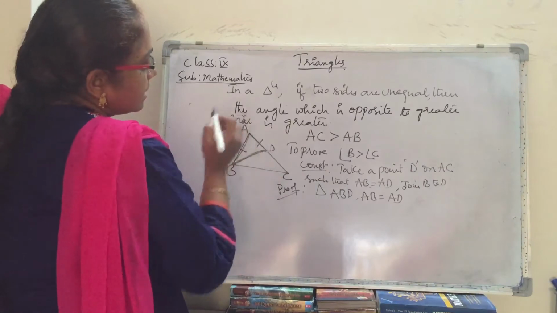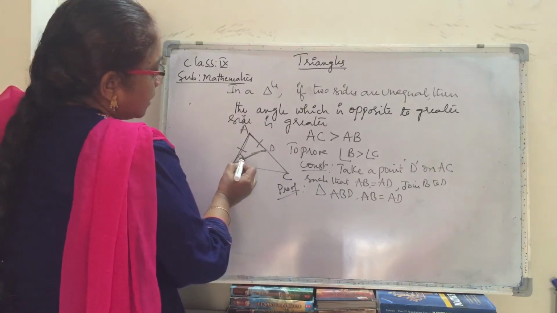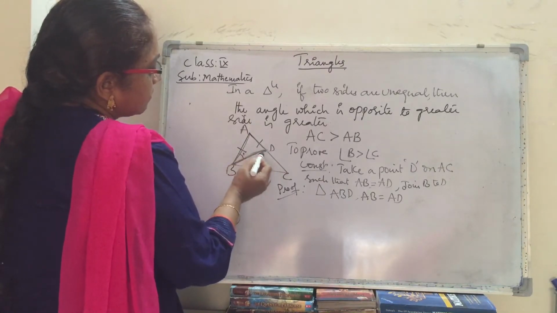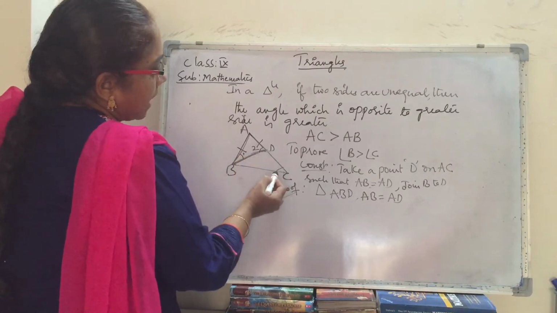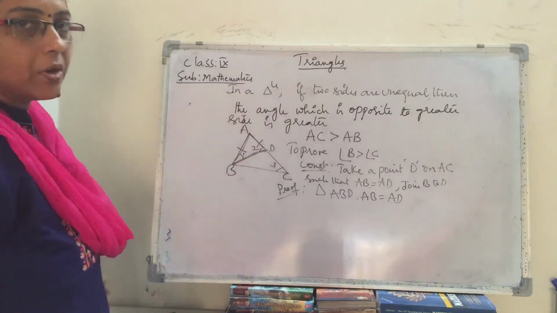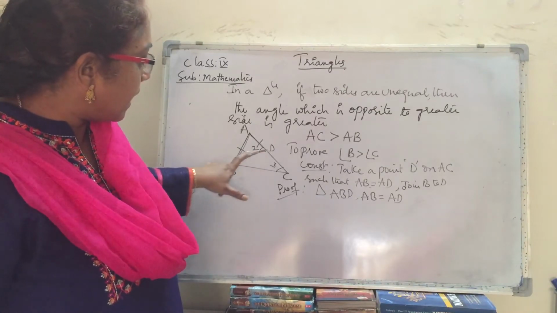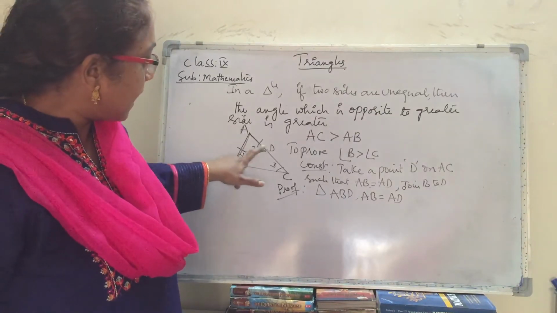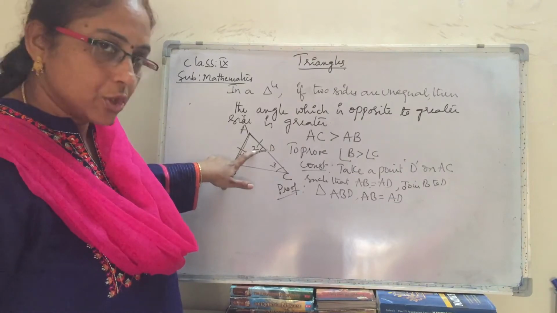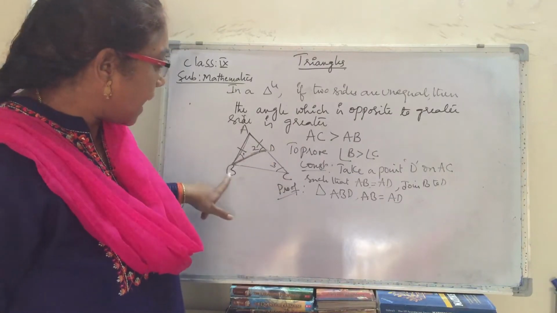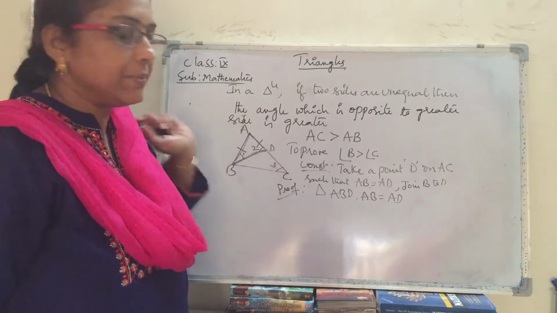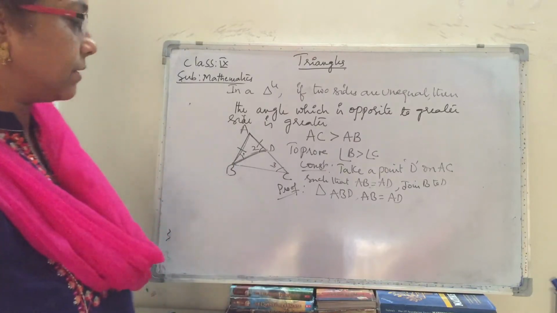So for convenience, I mark these angles: this angle is 1, this is angle 2, and this angle is 3. See, I marked this ABD angle as 1, this ADB angle as angle 2, and this ACB angle as 3. Okay, I marked like that.